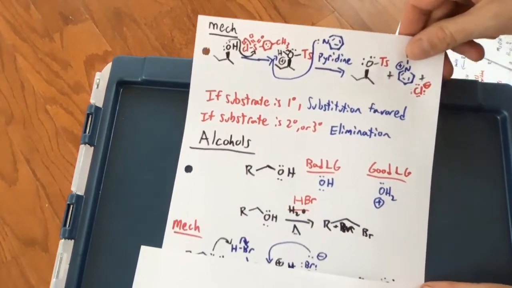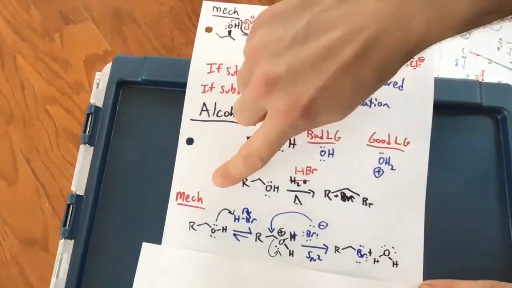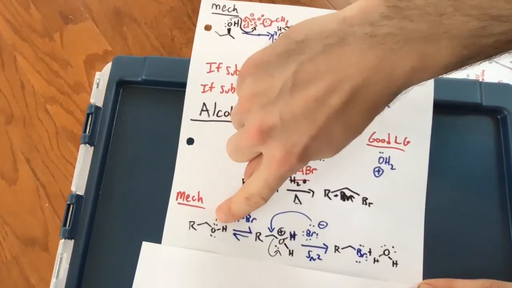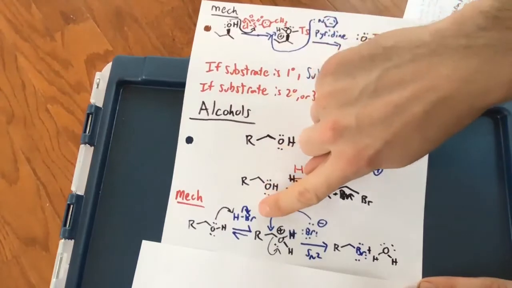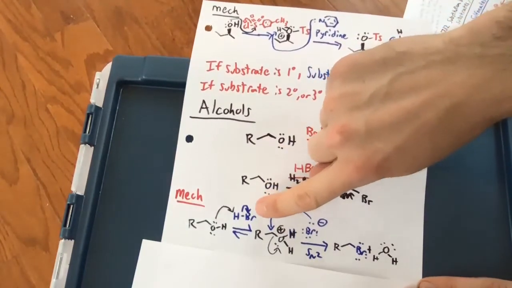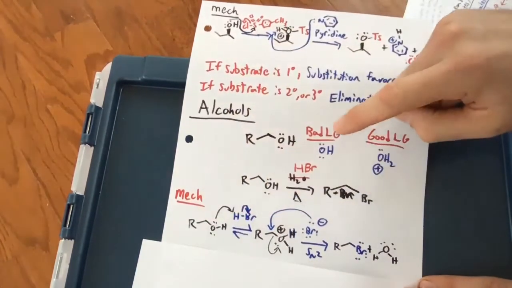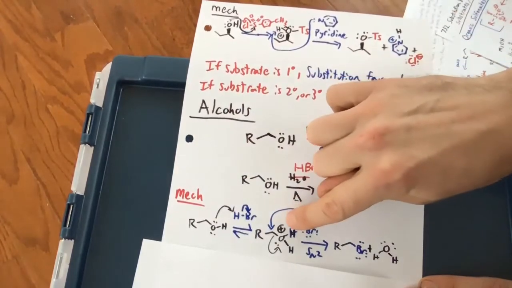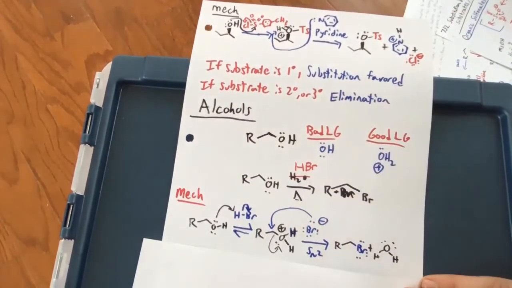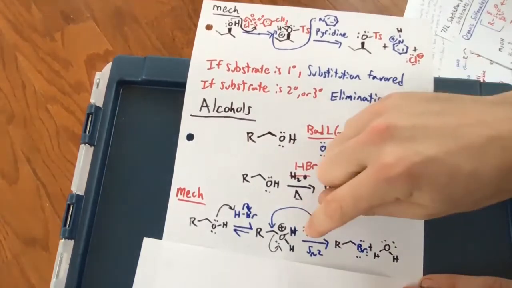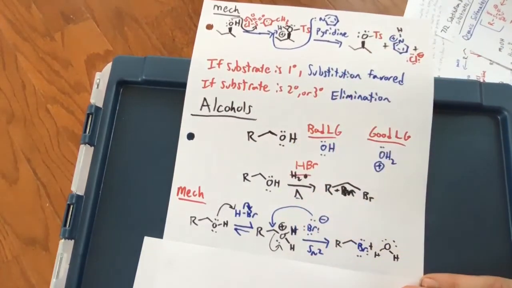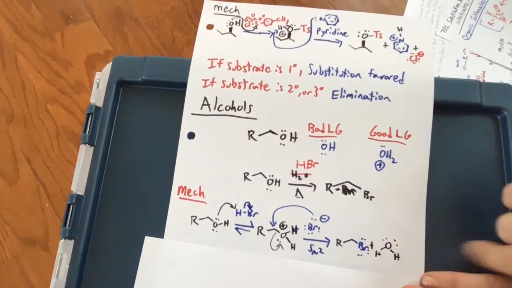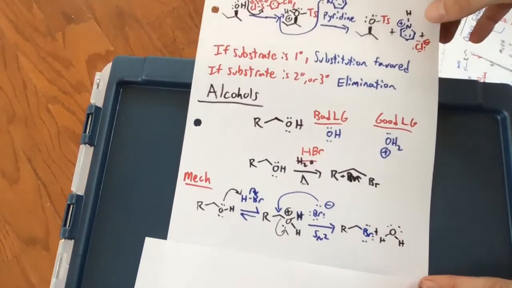How that happens is that in the first step, you protonate the alcohol group with HBr. This happens because the pKa of HBr is so incredibly low that it will protonate this alcohol group. Once you make the oxonium ion, the bromide that's left over from that reaction can then perform an SN2 reaction and kick out the water, leaving you with the alkyl halide and a water molecule.